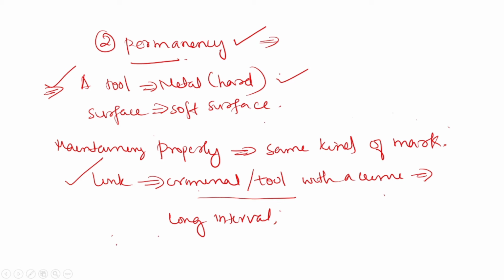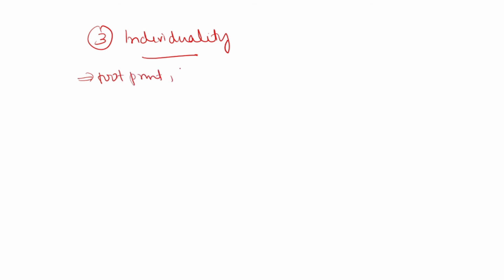The third one is individuality. We know that our fingerprint is individual, and footprint is individual. We can't see the same fingerprint in different persons. Fingerprints, footprints, everything is individual.